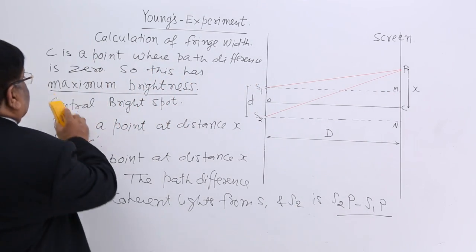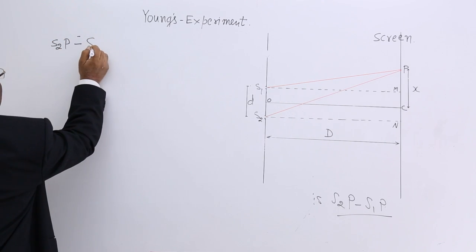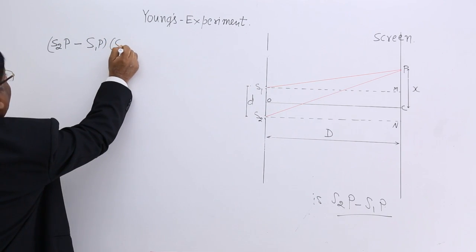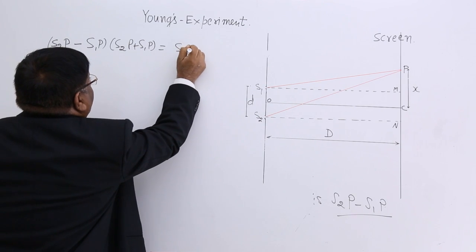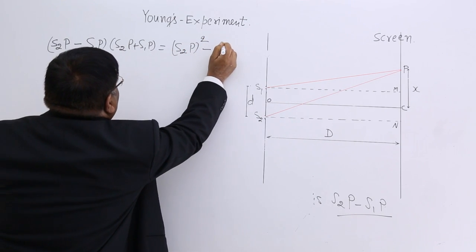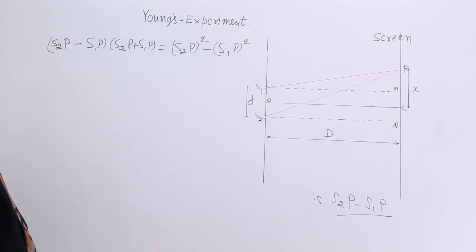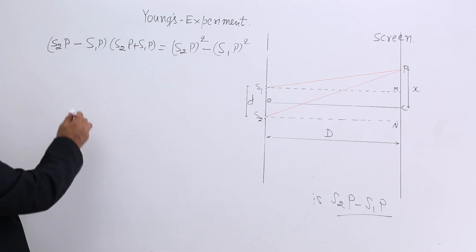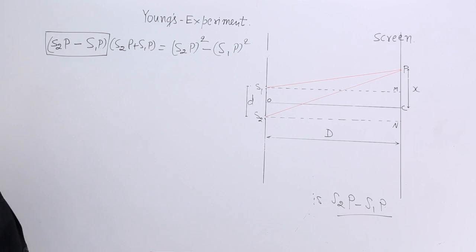We write an equation this way: S2P minus S1P multiplied by S2P plus S1P is equal to S2P square minus S1P square. A very simple relation of algebra: A square minus B square is A minus B times A plus B. This S2P minus S1P is the quantity required by us, which is the path difference. So we will keep it like this.